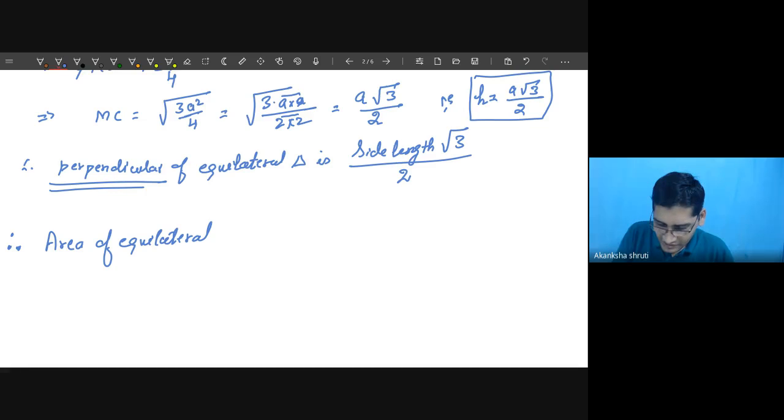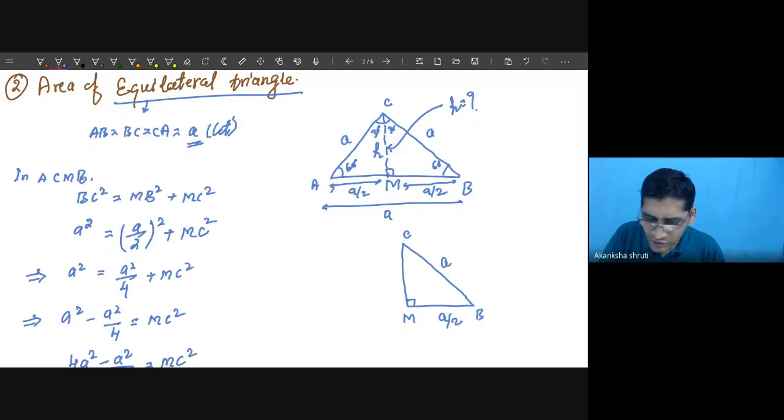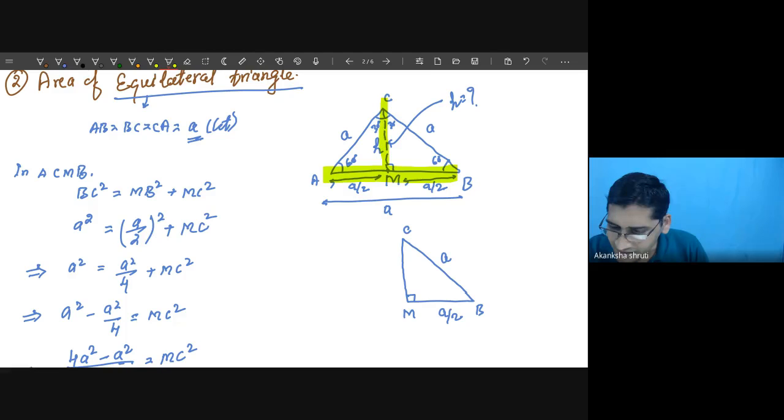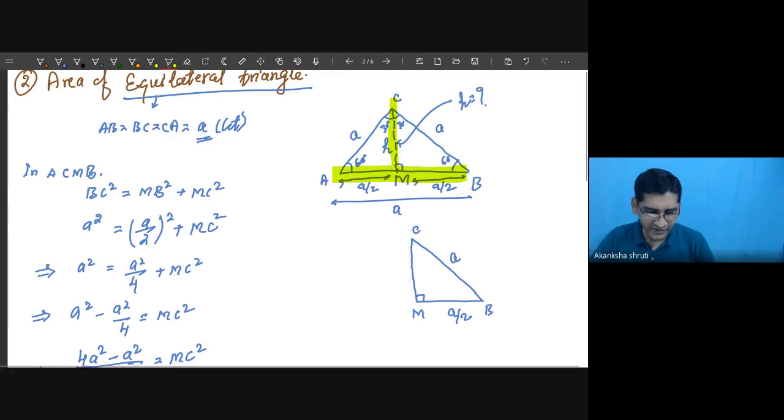Very good. So the area of an equilateral triangle can be calculated by half into base. Now come back to this triangle. We have the base length AB, the perpendicular length CM. It is this one.